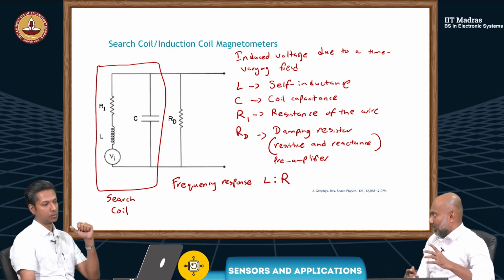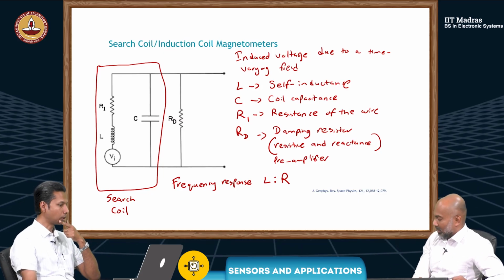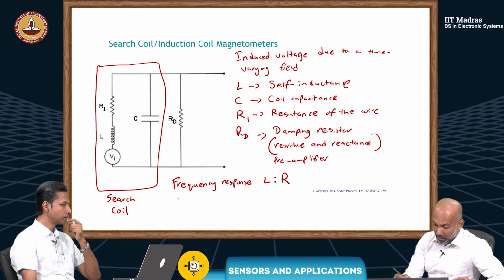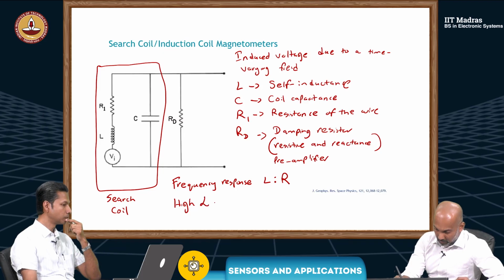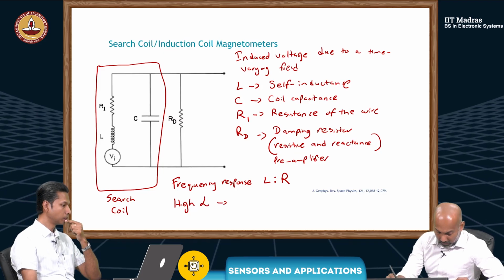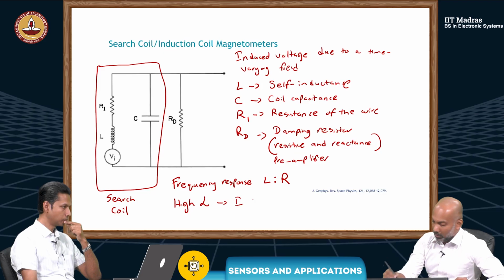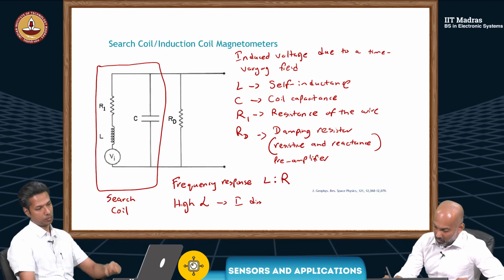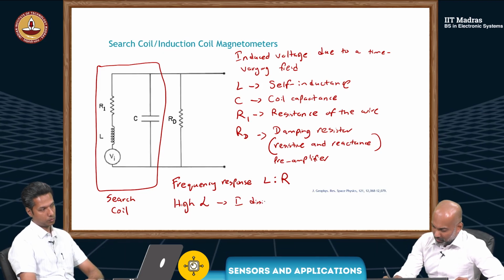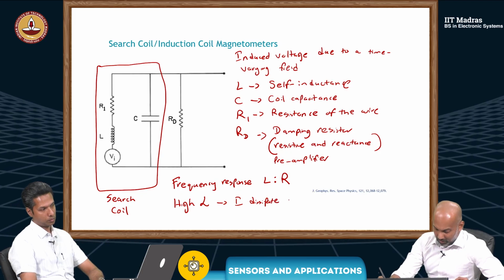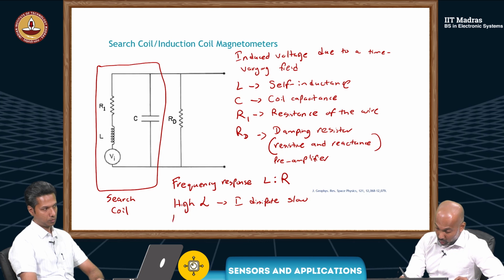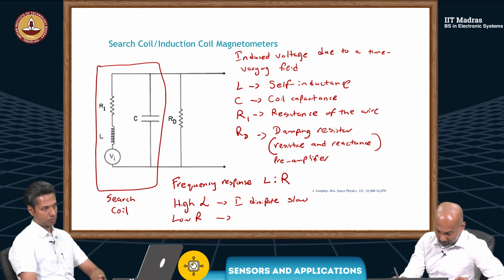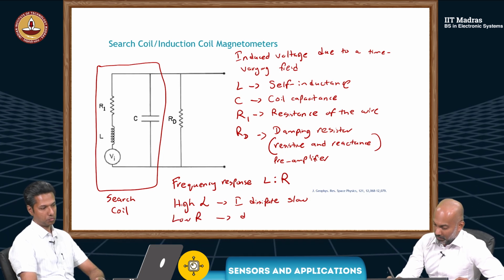So that frequency is the limitation of this one. Now, if you have a high L inductance, your current going around the circuit will dissipate slower. If you have a low R, it will dissipate faster.